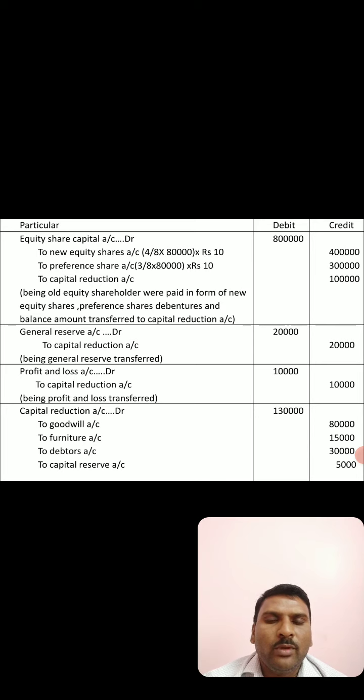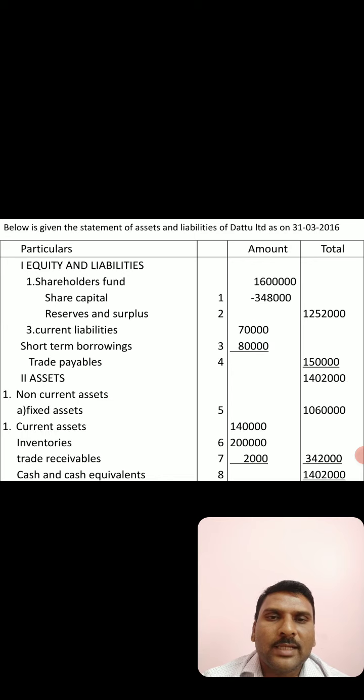So now we will move to the 15 marks question on internal reconstruction. Here one question is selected, a statement of assets and liabilities of Datta Limited as on 31/3/2016. Equity and liabilities are given: shareholders' funds, that is share capital 1 lakh 16 lakh, and reserve and surplus 3 lakh 48,000, and current liabilities, short term borrowings 70,000, trade payables 80,000.